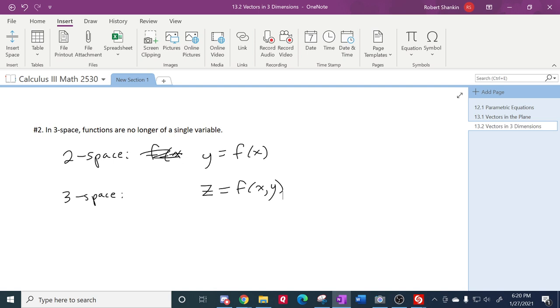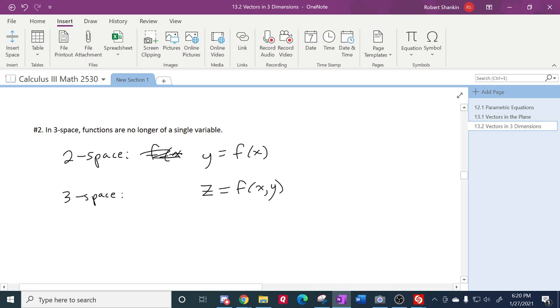And then suppose I dumped a whole bunch of dirt into the room, and there were hills and, you know, portions where there's lots of dirt and portions where there's just a little dirt. The height of the dirt at any XY coordinate could be called Z.